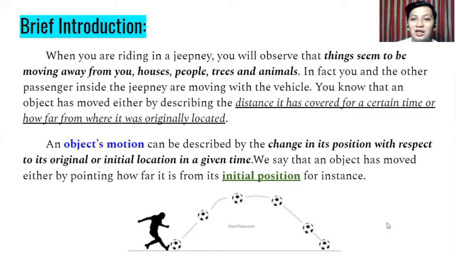You observe that. So in fact, you and the other passenger inside the jeepney are moving with the vehicle kasi gumagalaw kayo. You know that an object has moved either by describing the distance it has covered for a certain time or how far from where it was originally located.